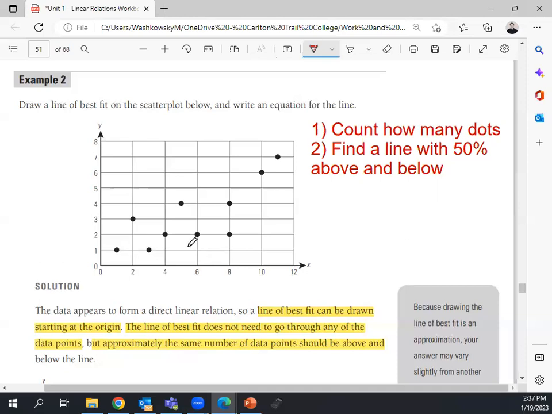You can use your calculator, for example, anything straight. In this case, it looks like mine starts at the origin because I can see there's a trend of it going down. So I can start at my 0, 0.